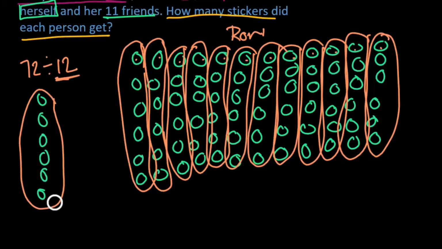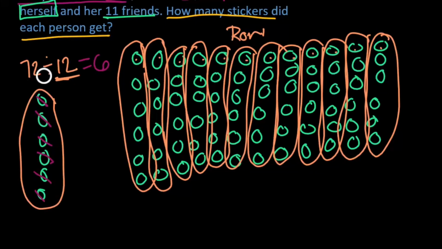I just drew a group over here to make it easier to count the circles. But anyway, we have 1, 2, 3, 4, 5, 6 circles in each group. We have 6 circles in each group. So that basically means 72 divided by 12 is equal to 6, because there are 6 circles in each group.